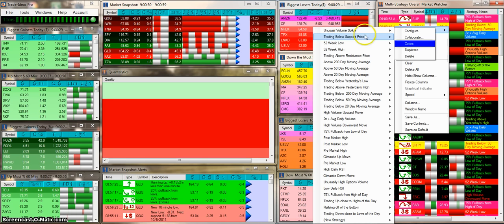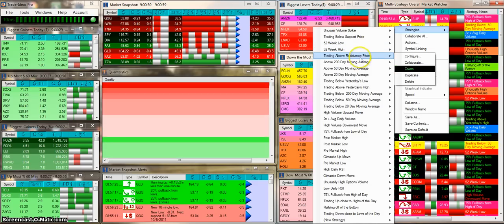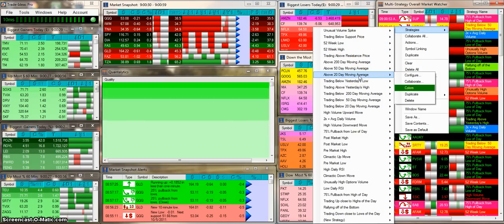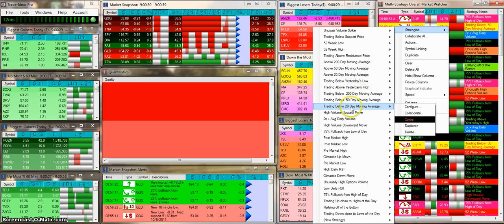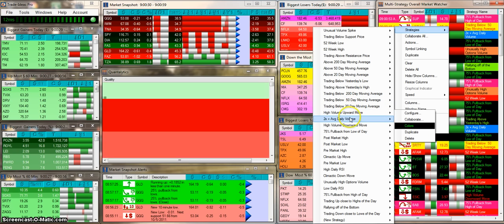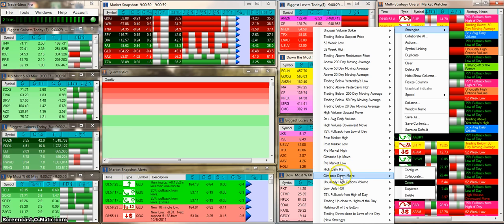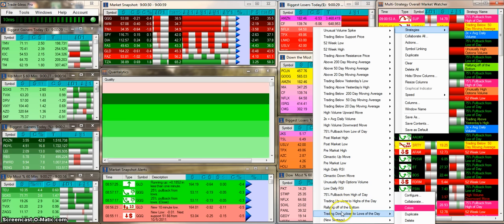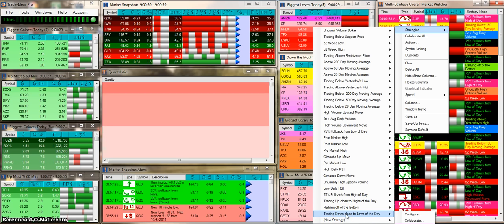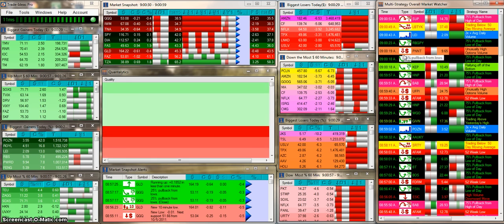Unusual volume spikes, trading below support, 52-week highs and lows, resistance, all the moving averages, above and below the moving averages, upward high volume spike, downward spike, and the other ones. Unusually high options volume, trading down close to the lows of the day, all combined in one window.